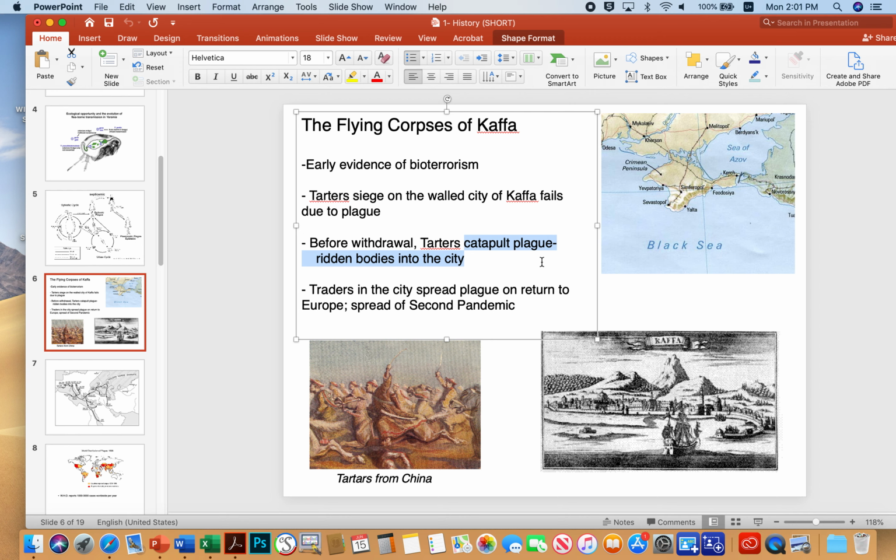And in that process, the individuals inside the city had to dispose of all those bodies, and it's thought that those individuals then came in contact with the plague bacteria, and eventually, if they left the port and went back to their home after the siege, now that they could travel more freely, they must have brought the plague bacteria with them, in the form of that asymptomatic period that we all hear about with COVID-19, asymptomatic or mildly symptomatic phase before they developed bubonic or pneumonic plague.